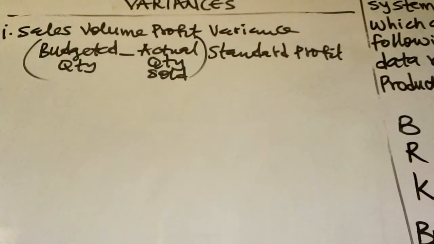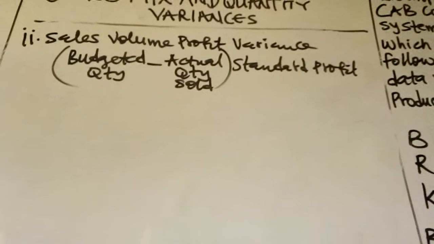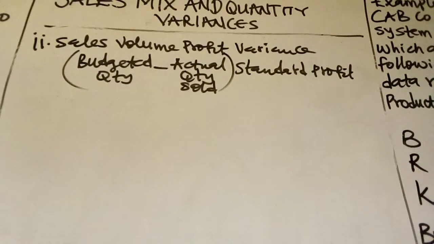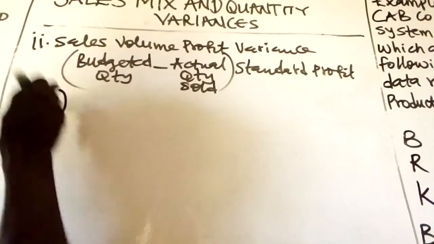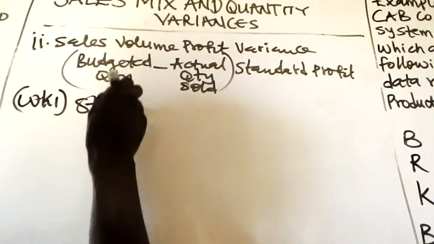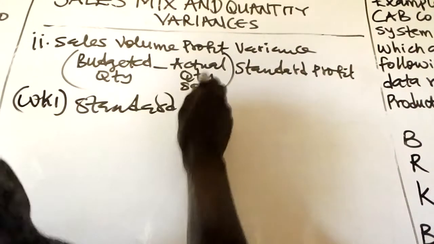Therefore, you will need to calculate the standard profit. And what is standard profit? You know, your profit is revenue less cost. Now, let's compute our standard profit. Working 1. Standard profit.